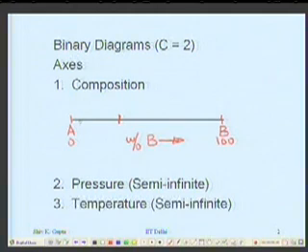Now let's say there are more than one phase present in the system, and let's say at the given temperature and given pressure, whatever that value may be, phase 1 exists from 0% B to 30% B. Let's call that phase alpha.